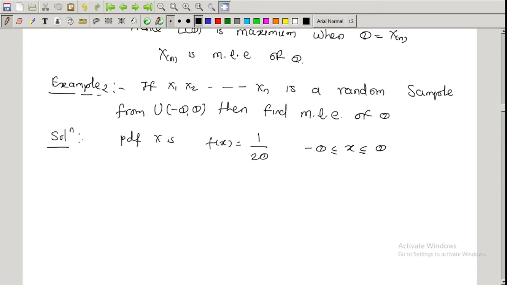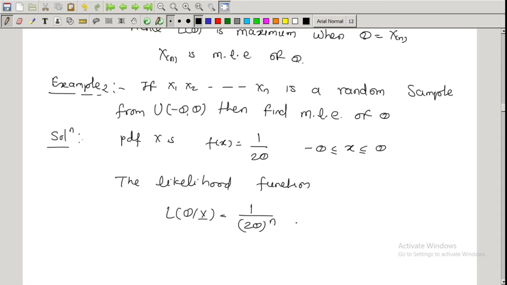Okay, in continuous less than and less than equal to are same, and the likelihood function for the same is L of theta given x bar, which is equal to 1 upon twice theta raised to n if minus theta is less than equal to x1, x2 dash up to xn is less than equal to theta.